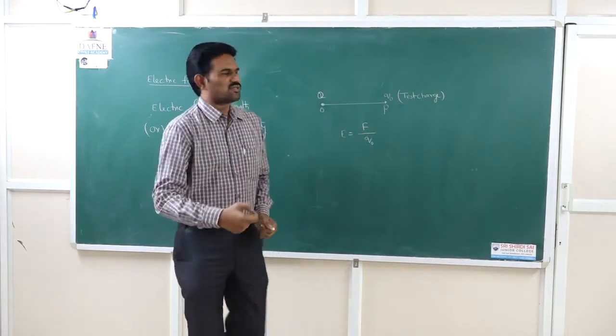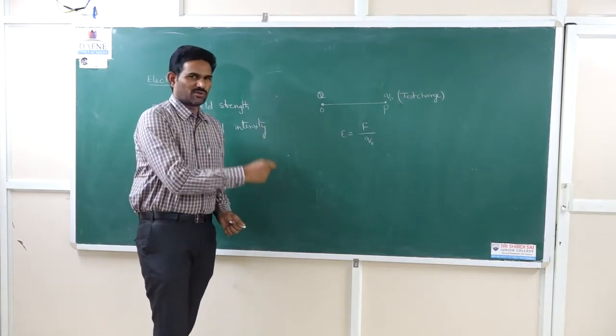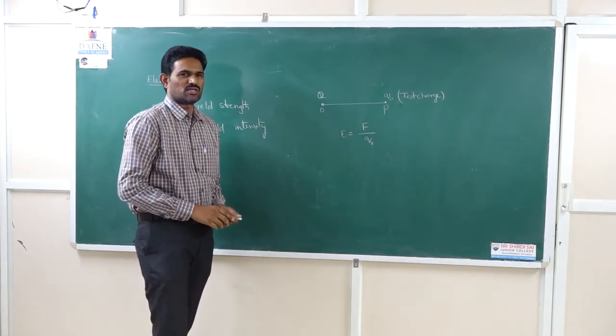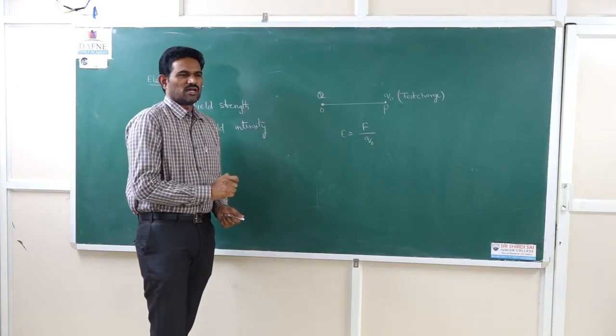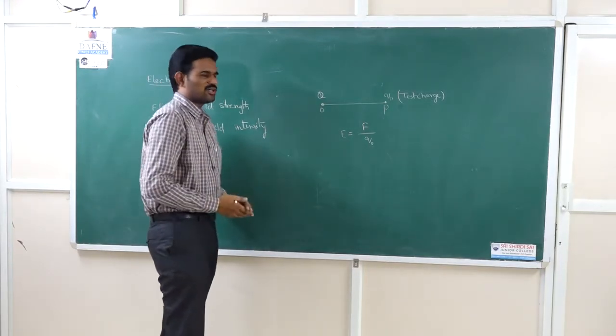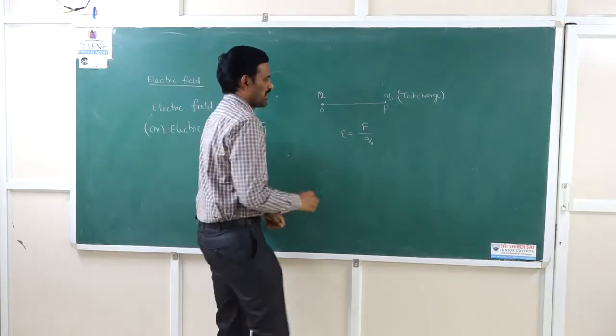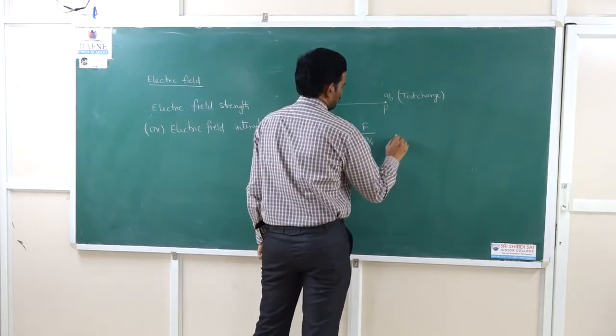If you want, you may mention in brackets that the tester charge is always considered as a positive charge, and a very small charge tending to 0. That means, more accurately, this is generally written like this, and more accurately we can express it like this.